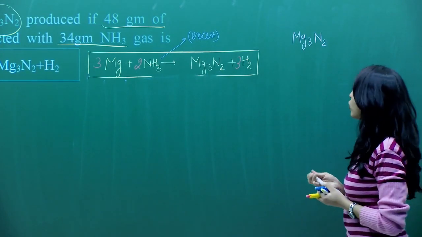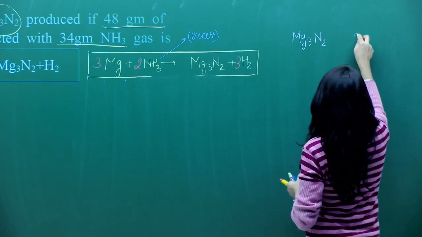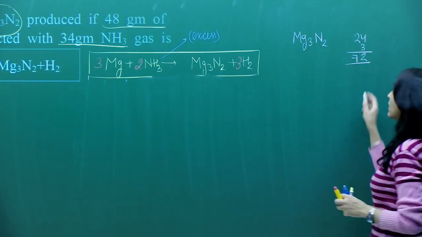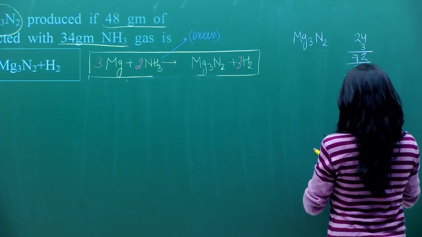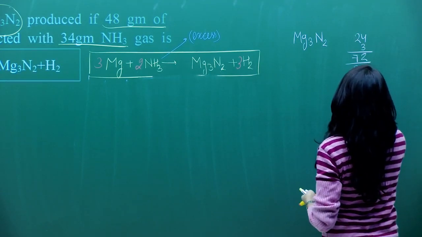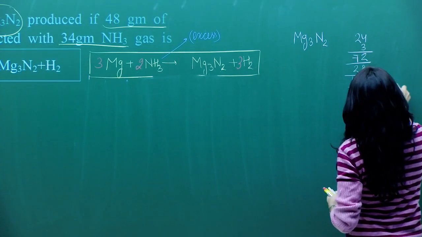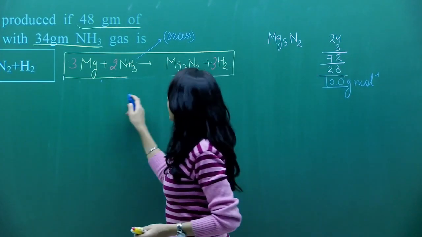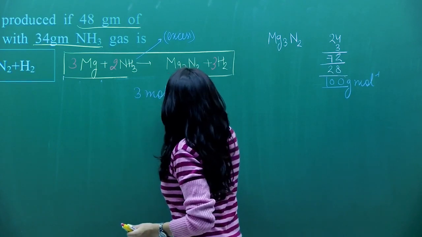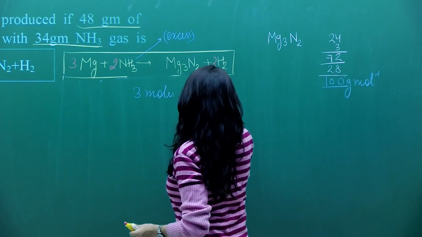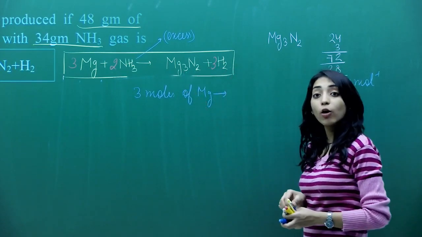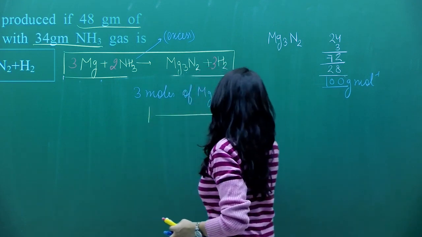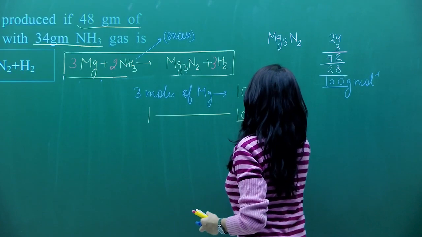Okay, so if magnesium is the limiting reagent, let us first figure out the mass of Mg3N2. So Mg3N2 will be 24 into 3, which is 72, plus nitrogen is 28. So let's say the answer will be 100 grams per mole, right? So the mass of Mg3N2 is 100 grams per mole. Can I simply say 3 moles of magnesium will be giving me Mg3N2 how much? 100 grams. 1 mole will give me 100 by 3 grams.